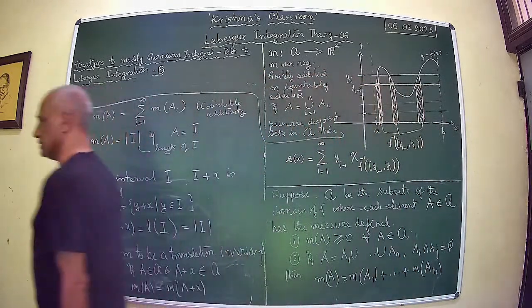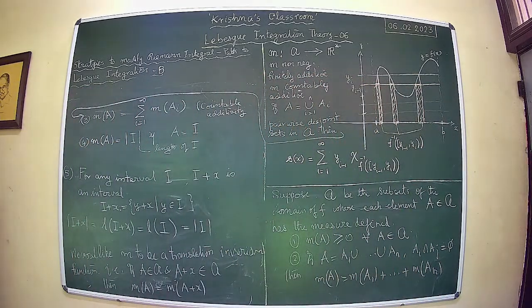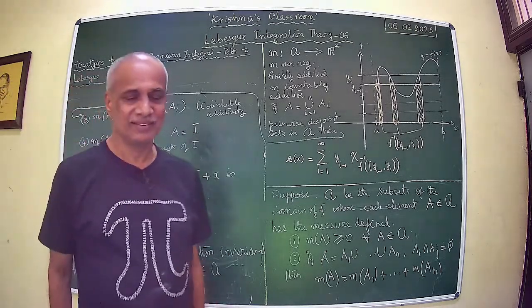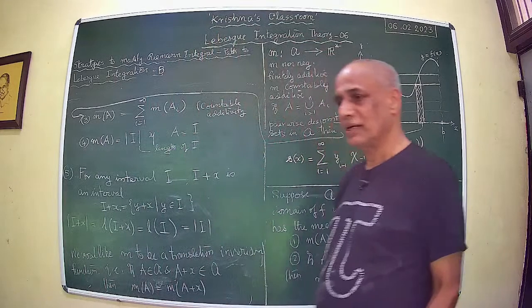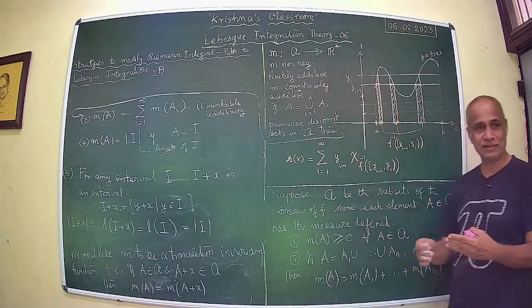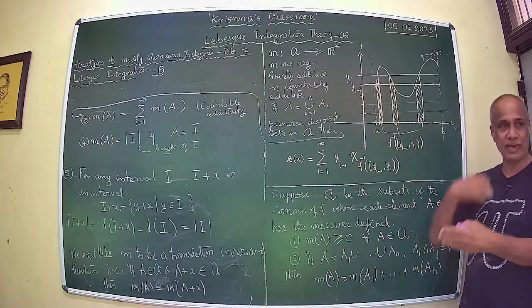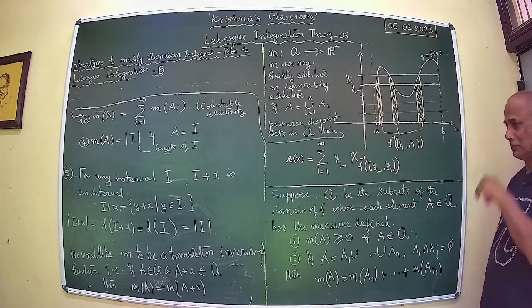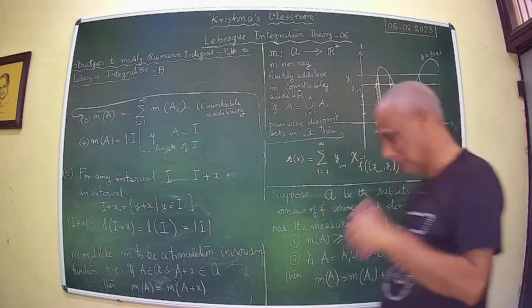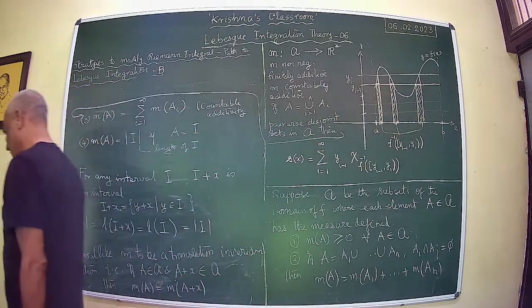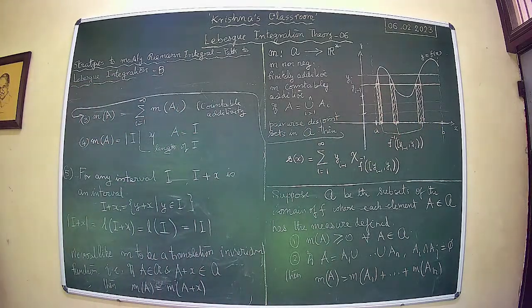See, measure is a non-negative function defined on a class of sets. Now I am going backward. From the requirement, I am trying to find out what script A should be. So script A should have some structure.